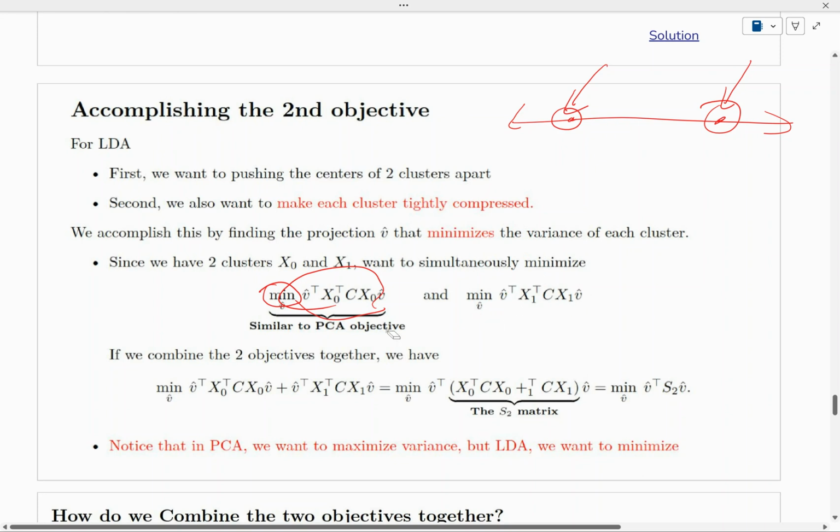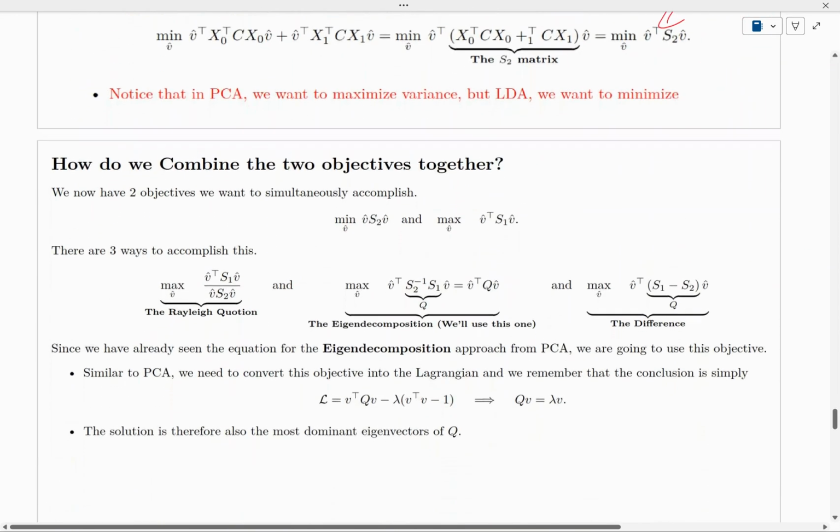We can combine these two objectives, cluster 0 and cluster 1, pulling the terms out, resulting in this. Okay, so we're going to call this S2. Now, if we find a vector that minimizes this, we will essentially find a vector that makes these clusters as small as possible.